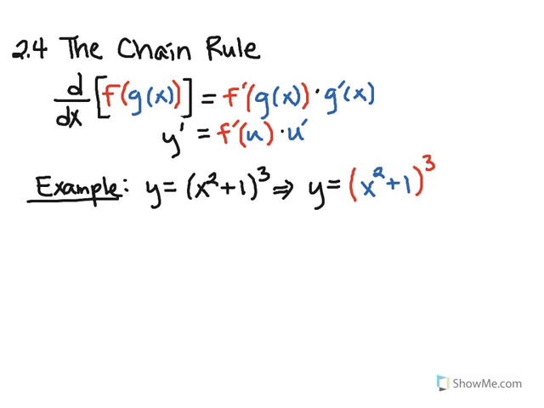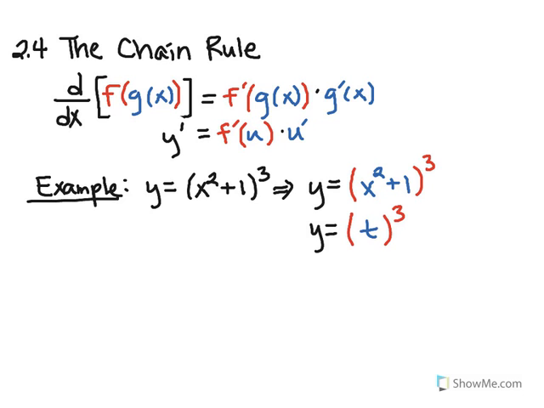So the way that I want you to think about this is, let's think of this entire inside part, this x squared plus 1, as a different variable. So maybe I'm going to use the letter t. It could be anything here. I'm just showing you what you can do here. So I'm going to rewrite this, but instead of saying x squared plus 1, I'm going to write a t.